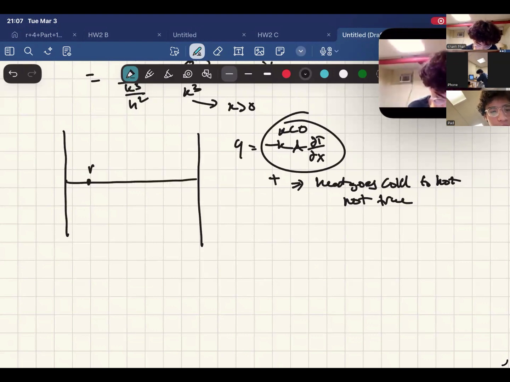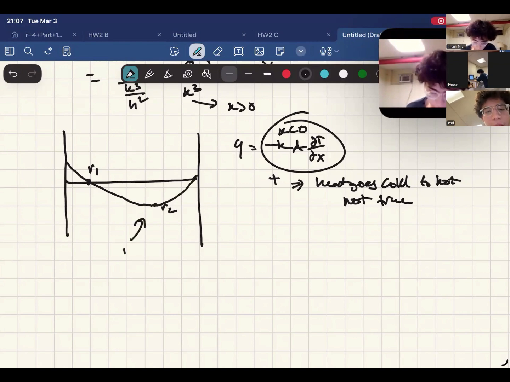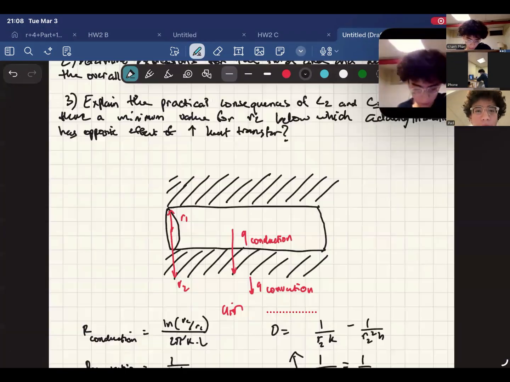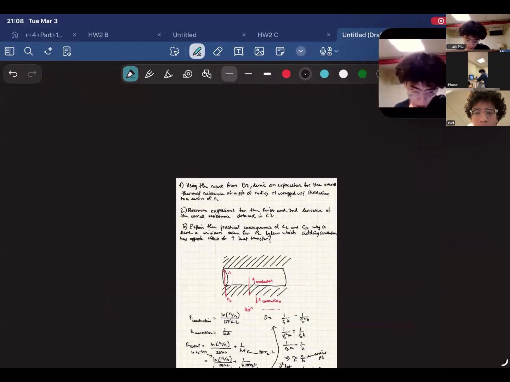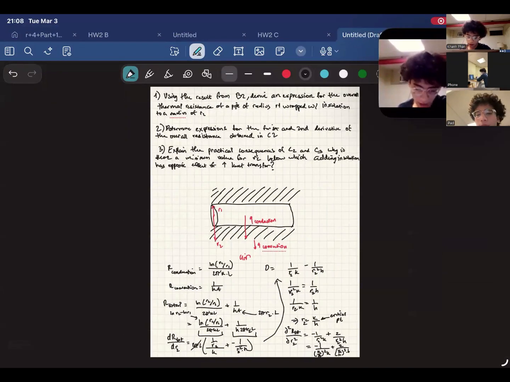Let's just say there's R1 over here and then R2. And then let's draw a curve. It's gonna have a parabola shape. And then to talk more about the last question, since we know that the change in R2 has an opposing effect on conduction and convection, we need to determine the minimum value.